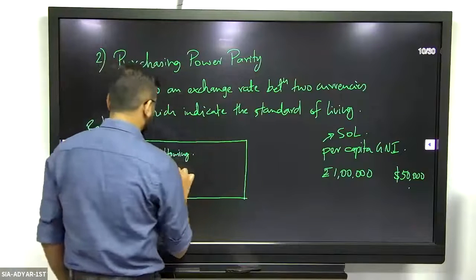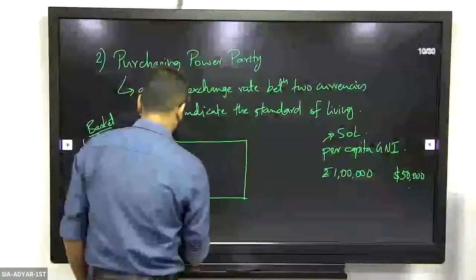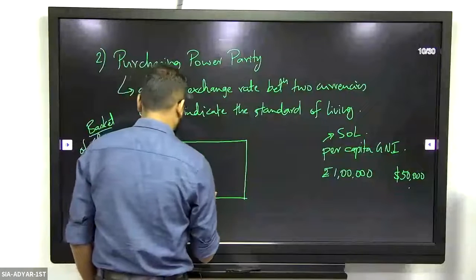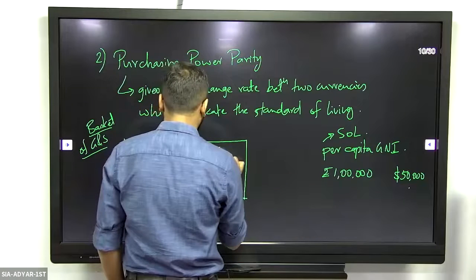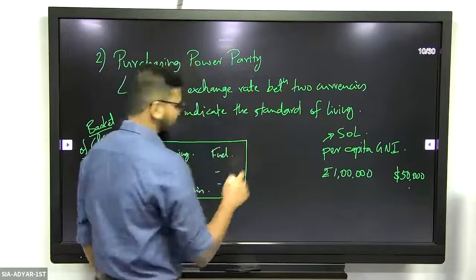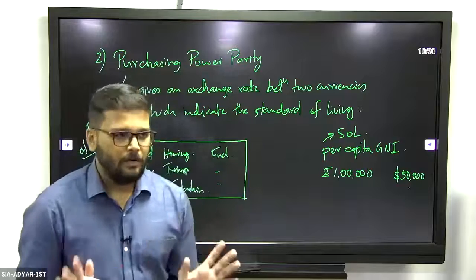Then what do you have? Transportation, entertainment, and whatever else that is there, your fuel, whatever else that you can think of. It indicates one particular standard of living.